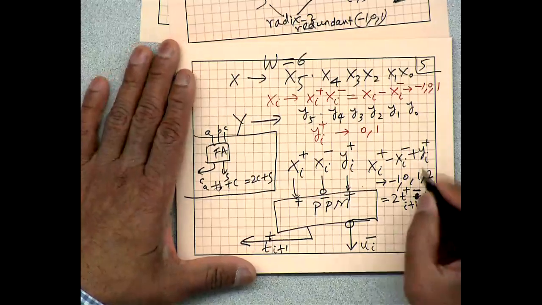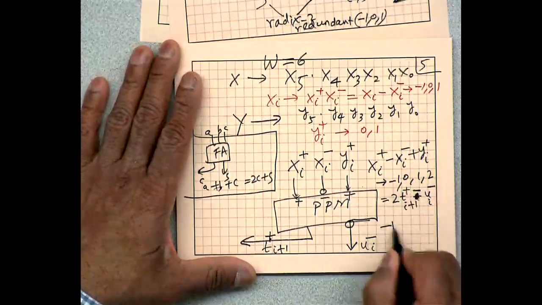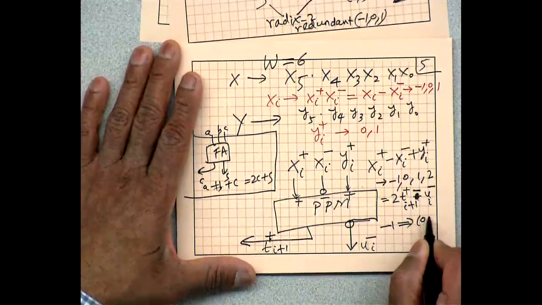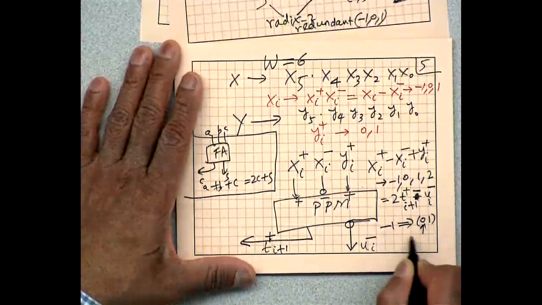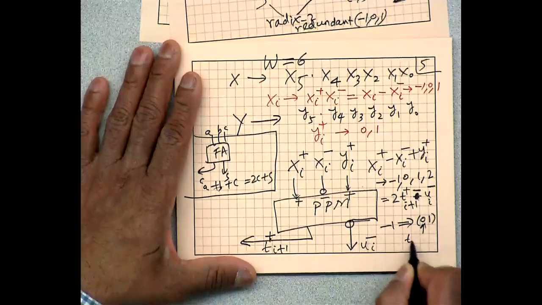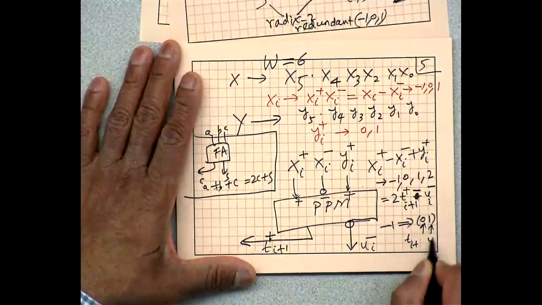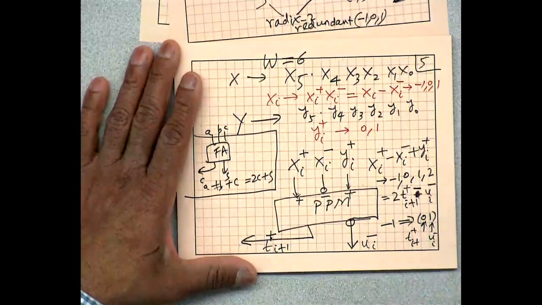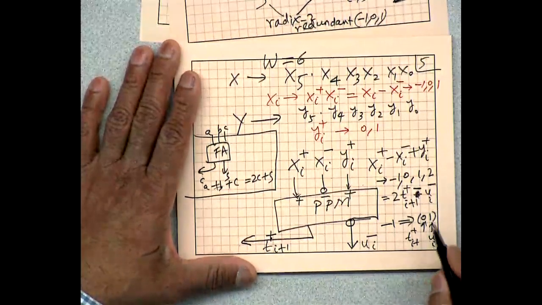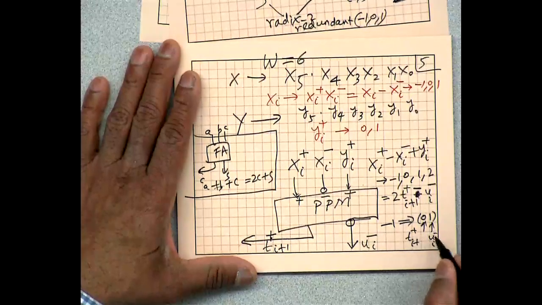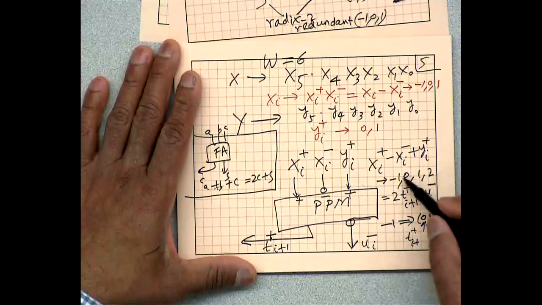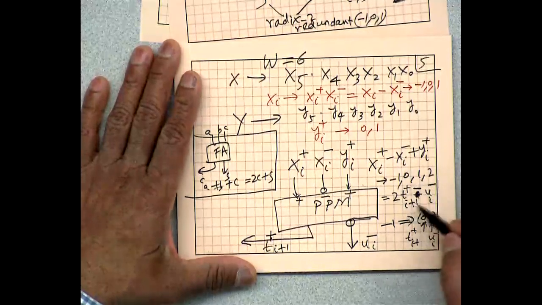So how do I represent minus 1? Minus 1 implies 0, 1. So t is 0, ti plus 1, and u is 1. So the 2 times 0 minus the negatively weighted 1 is minus 1. 0 can be 0, 0, 0, 0.